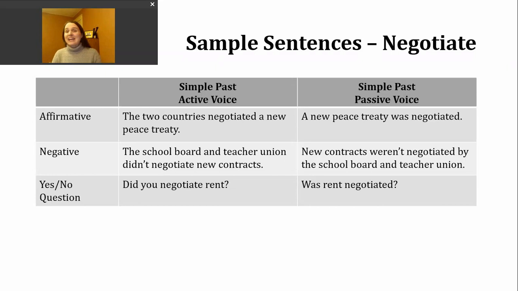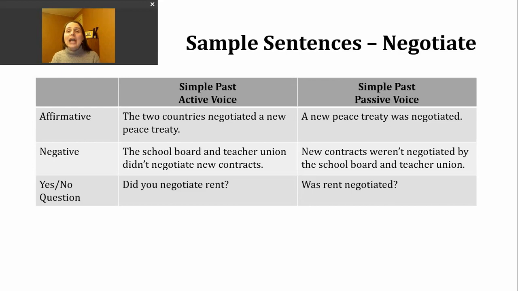Now, in this one, again, we don't know who is responsible for that action, and that might be okay. As part of a longer article or paragraph, it might already be clear to your reader or a listener, if this is being spoken, which two countries are responsible for that action.